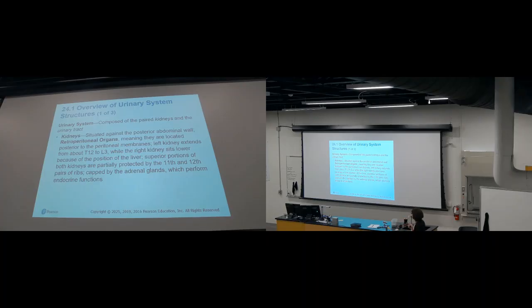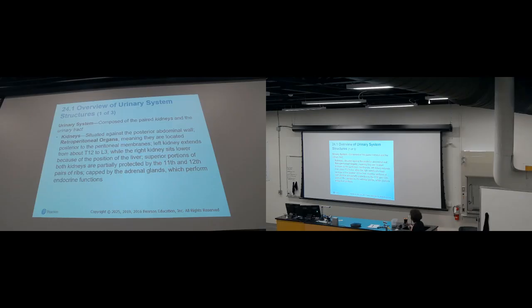So for the kidneys, the details about the kidneys, they are retroperitoneal organs located, of course, in the posterior abdominal wall in the lumbar area. And specifically, the left extends between thoracic vertebrae number 12 and lumbar vertebrae 3.